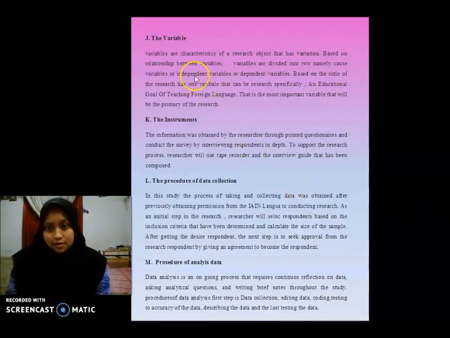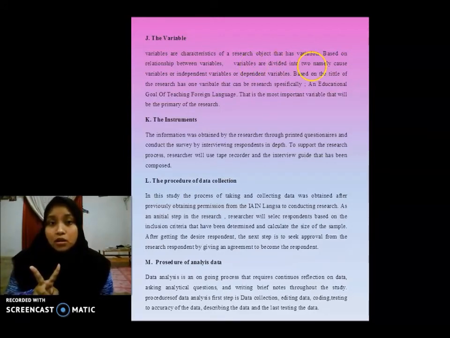Next, the variable. Variables are characteristics of a research object that has variation based on the relationship between variables. Variables are divided into two, namely independent variable and dependent variable.